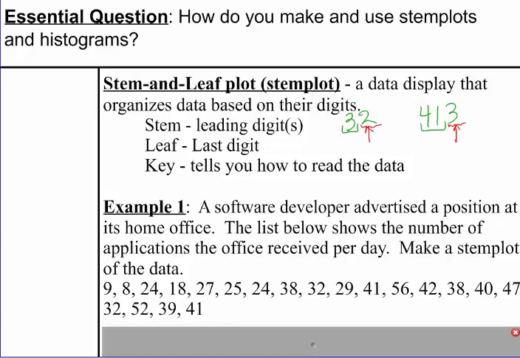So, for example, this first number, 9, means that on day 1 of the advertisement, he received 9 applications. The next day, he received 8 applications. On the third day, he received 24 applications. So these are the number of applications received each day.